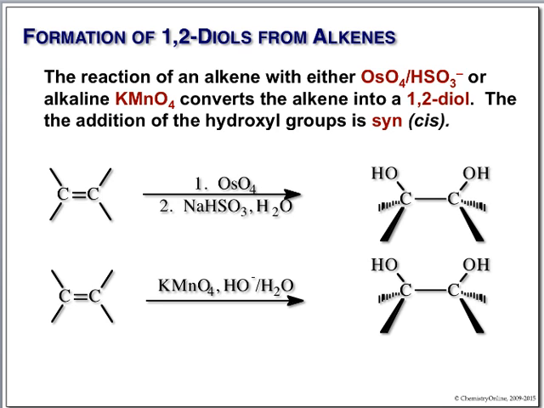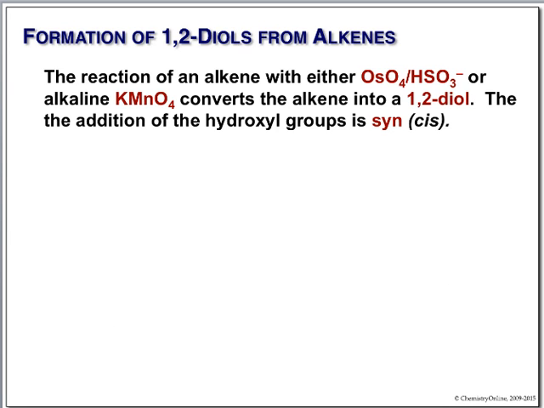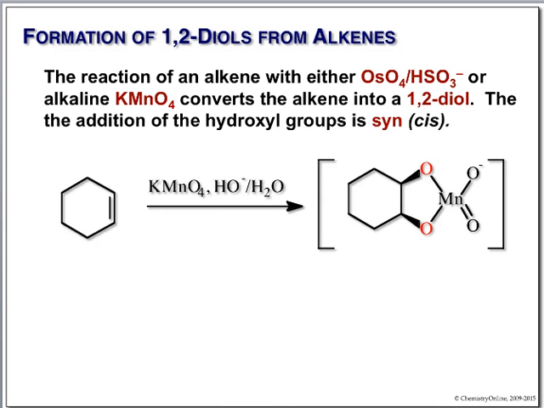Focus here on permanganate. It's the most common. The reason that this is cis addition is that both oxygens come from the manganate anion. So MnO4- simply adds to the alkene pi system from one side or the other. This is an unstable intermediate.